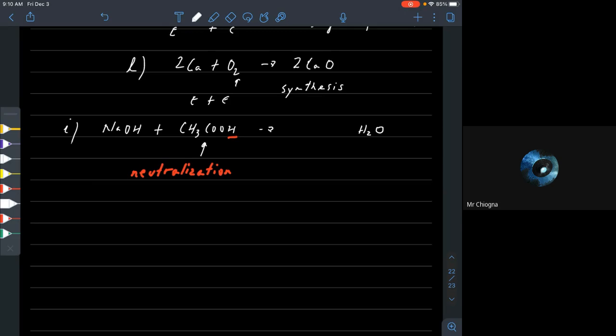What else does it produce? Neutralization produces water. I'm going to write it as HOH. It's helpful. You don't have to. What's the other product? What's it made up of? Made up of the positive ion, and then this is actually the negative ion here. It's usually written last.